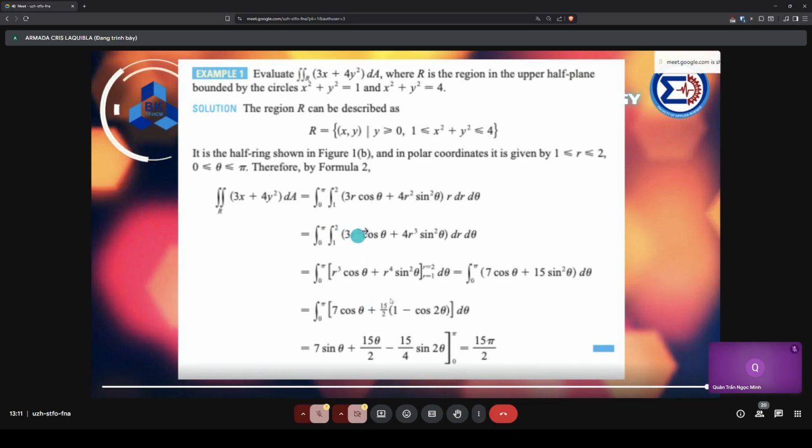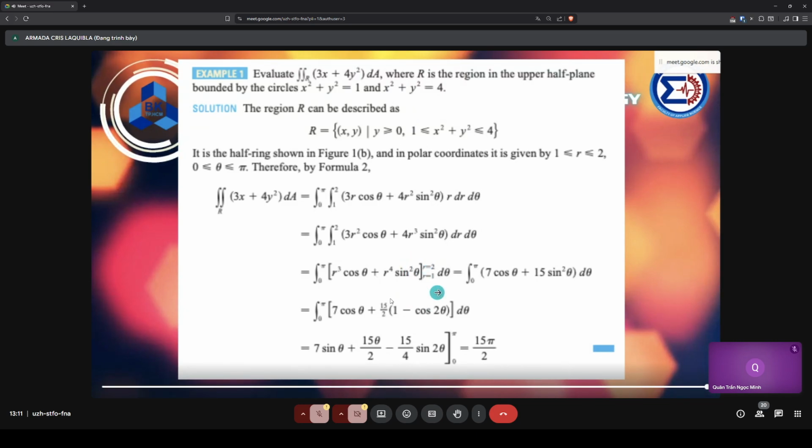So r squared becomes r cubed over 3, so we can cancel the constant 3 here. So we have the r cubed cosine theta, just copy the cosine theta, plus your r cubed there becomes r to the fourth over 4. So we can cancel the 4 also. So we have r to the fourth and then copy sine squared theta.